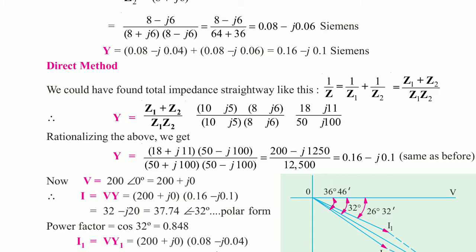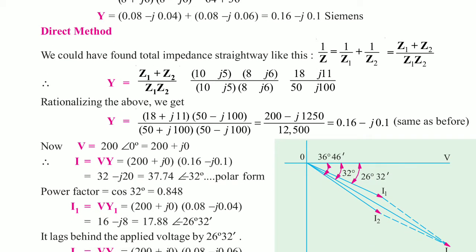That is, Y is equal to (Z1 plus Z2) by Z1 Z2. So here (10 plus j5 plus 8 plus j6) divided by (10 plus j5) into (8 plus j6), that is equal to (18 plus j11) divided by (50 plus j100).